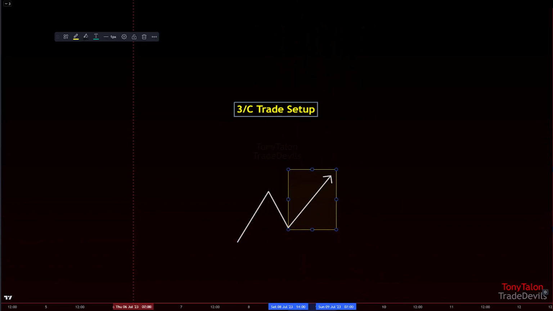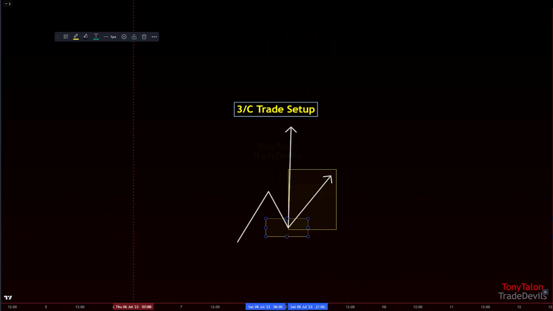The other reason is because this pattern shares similarities with the wave 3 setup, or the wave 3 of an impulse, which would be something like this. So you have the most common pattern, which is the zigzag here, and then you have the most powerful pattern, all kind of culminating or starting the same kind of setup here.